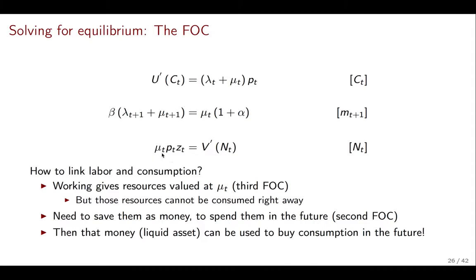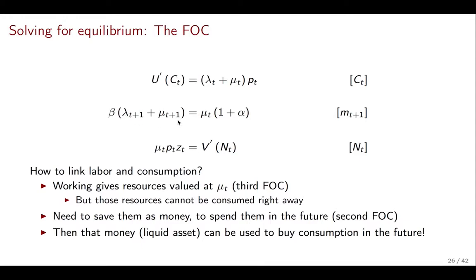So you need to save these resources as money to spend in the future. So you need to work, that's going to cost you some utility. You get some resources which you value with mu. You take those resources and you save them as money, and that money, which is a liquid asset, you can use in the next period to consume. That's going to be the value lambda t plus 1, mu t plus 1. But what is the actual value of this?